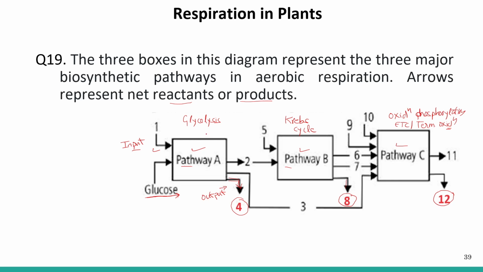What is the common output of these pathways, glycolysis, Krebs cycle, and oxidative phosphorylation? ATP is produced during these pathways. And these are all the inputs going into these pathways. Option 1 can be any of the intermediates of the glycolysis pathway, which leads to the production of pyruvate.